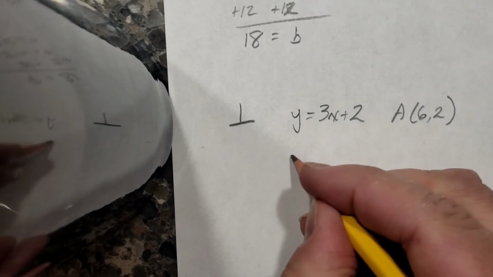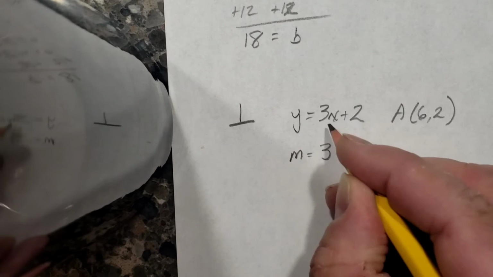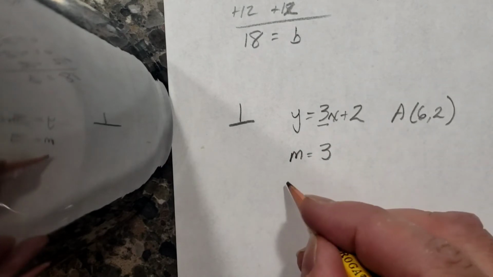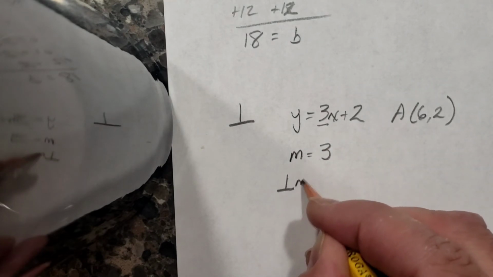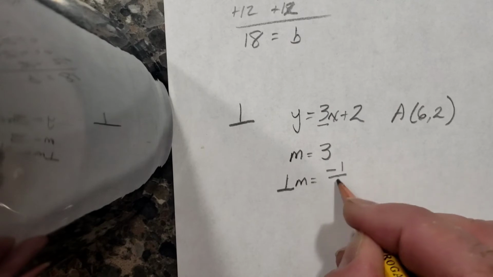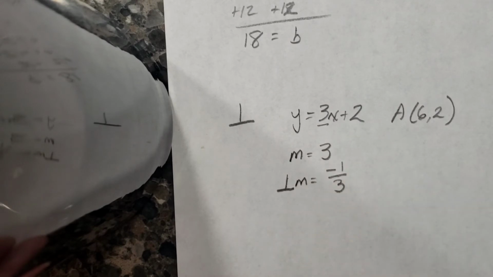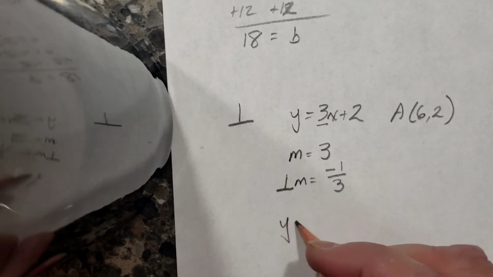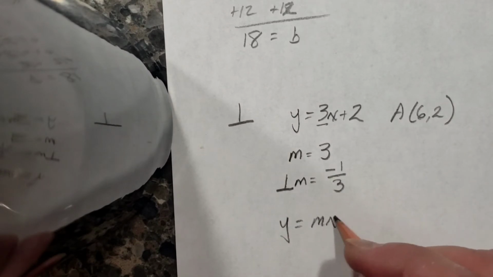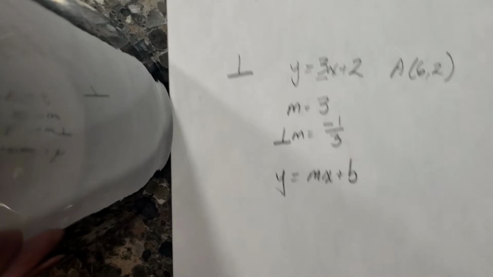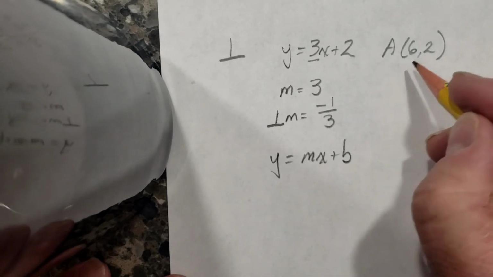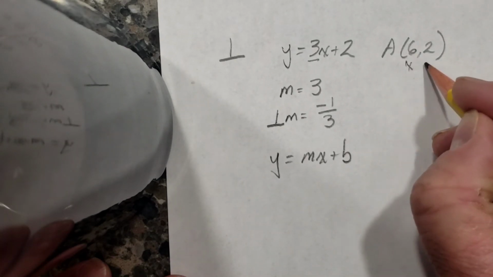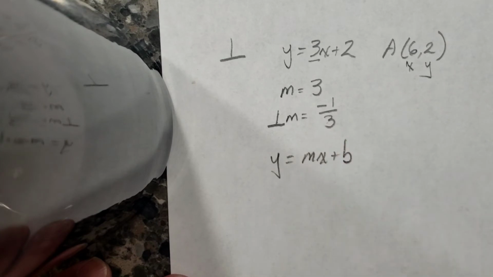The slope of our line is 3 here. That's the 3. So the way I denote it is our perpendicular slope is negative 1/3. And again, we're going to use y equals mx plus b. We've got our x, our y, and our slope.